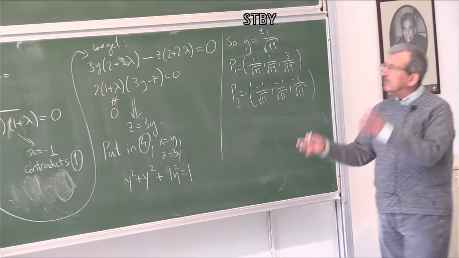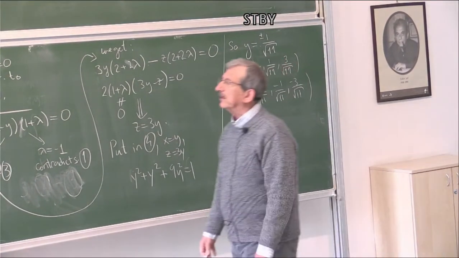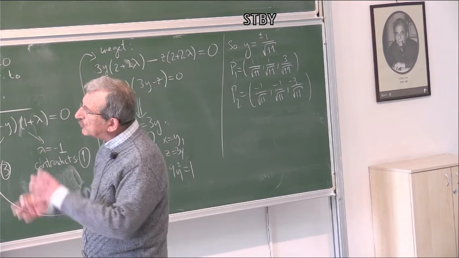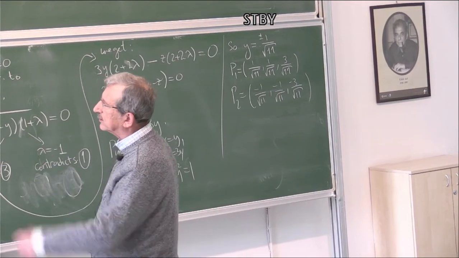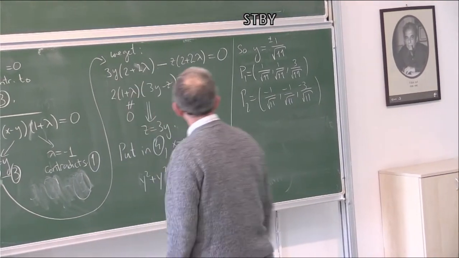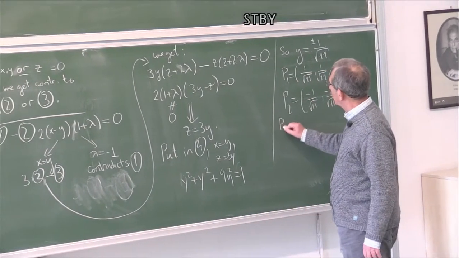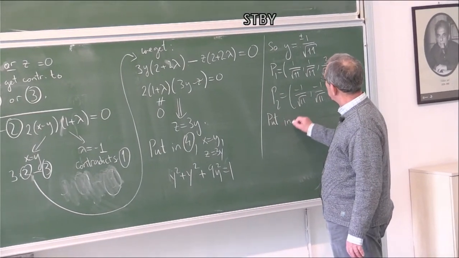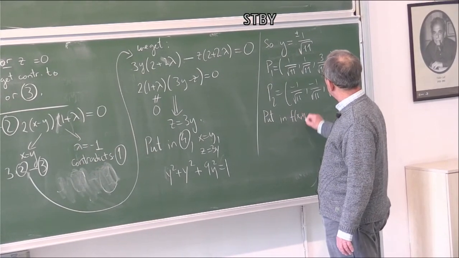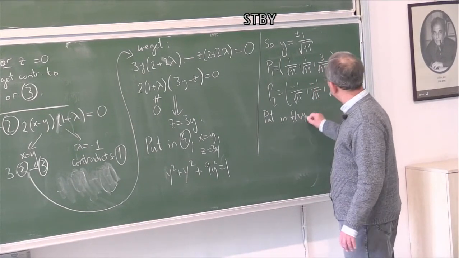Now, when you put them in place, that is in the function x minus 1 squared, etc., you see that one of them gives the maximum, one of them gives the minimum. So put in f of x, y, z.